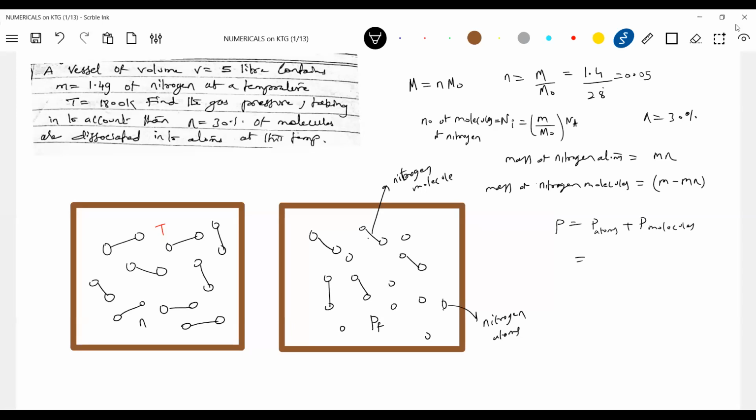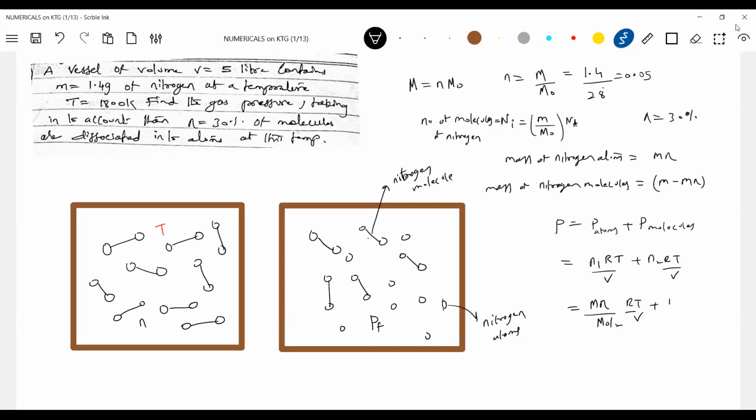Let's go to Dalton's law of partial pressure. According to this, we write the number of moles of the atoms, N1 RT by V, plus N2 RT by V. The mass of nitrogen atoms is M into eta, and the molecular mass of this will be M0 by 2.